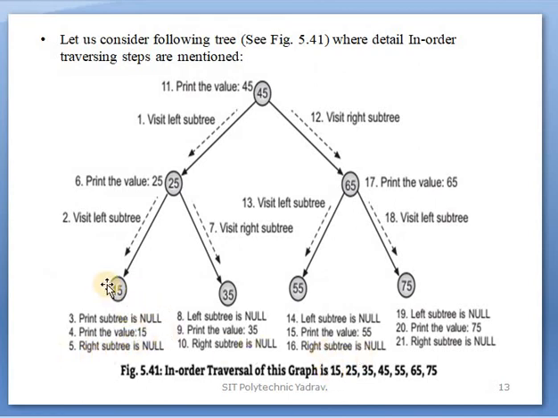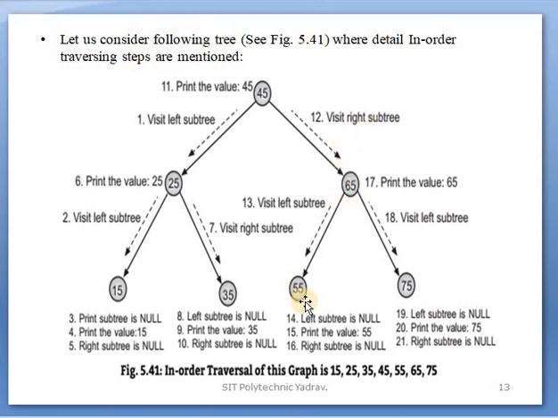Right is null, so go to the root 25. So 25 is displayed. Again the next step, 35 is displayed. Ninth step: the left subtree is null, so print 30. After that, the right subtree is null. Again the 11th step is to print the left subtree root, which is 45. That will be displayed. Again go to the right side, and visit the right subtree.